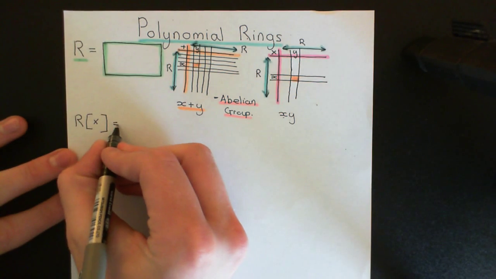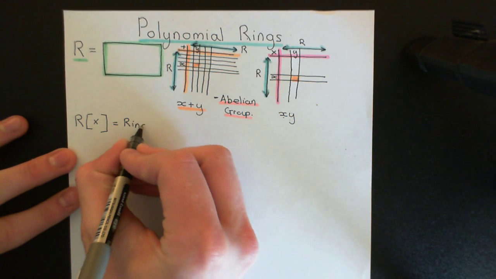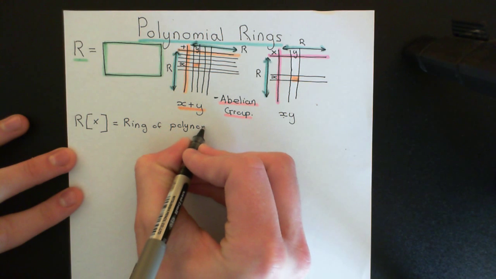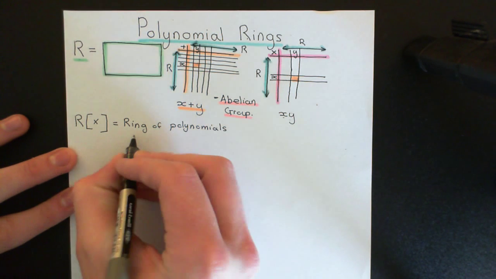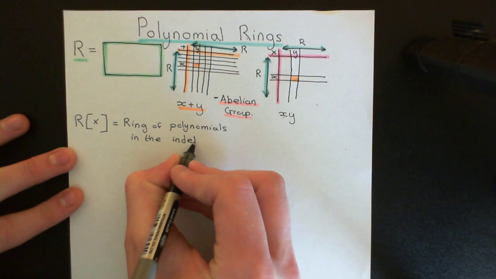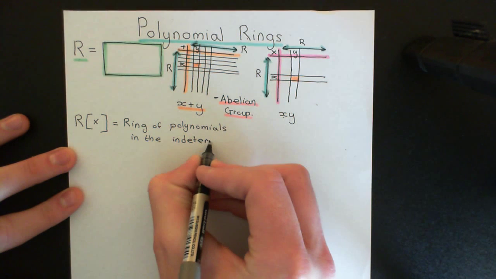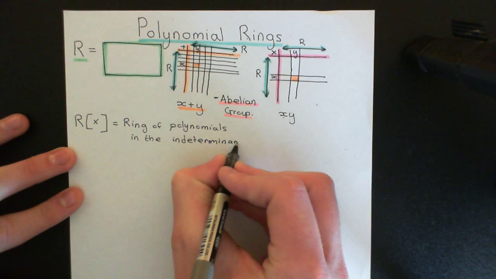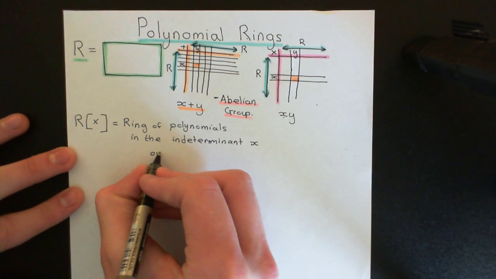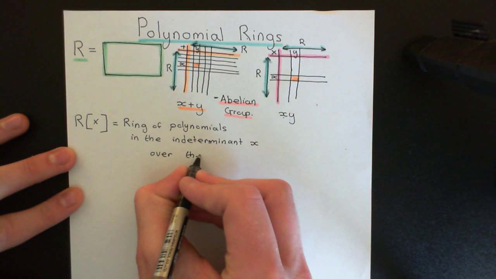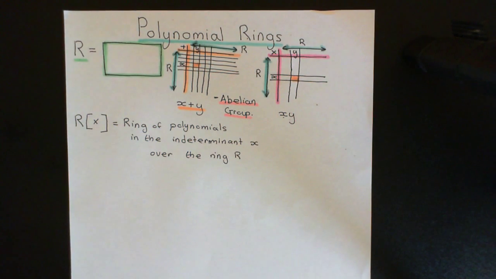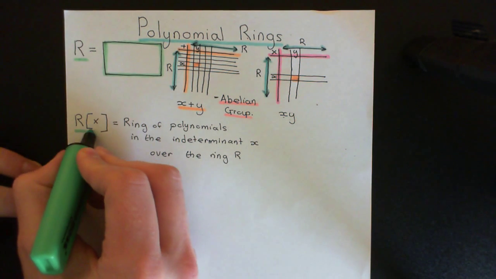Okay, so I'll write that out in full. It's the ring of polynomials, or you could just say the polynomial ring. It doesn't really matter. The ring of polynomials in the indeterminate x over the ring R. That is the full name for this structure that we are about to create.